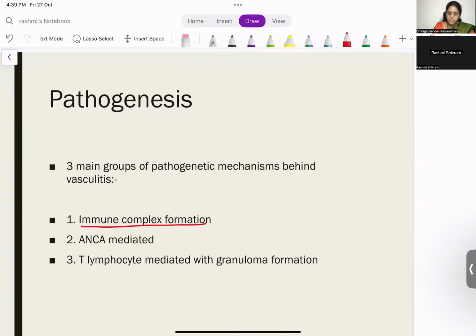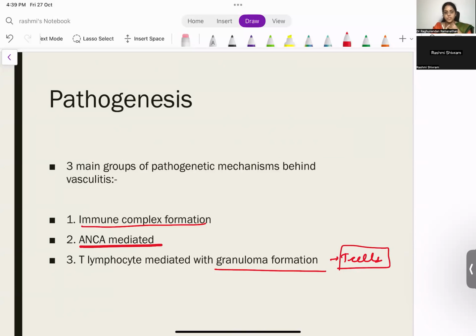First is immune complex formation. The second one can be ANCA mediated. What is ANCA? Anti-neutrophilic cytoplasmic antibody mediated. And the next one is granuloma formation. Which kind of cells are involved? T cells are involved. So it is T lymphocyte mediated granuloma formation, we need to remember this very well.